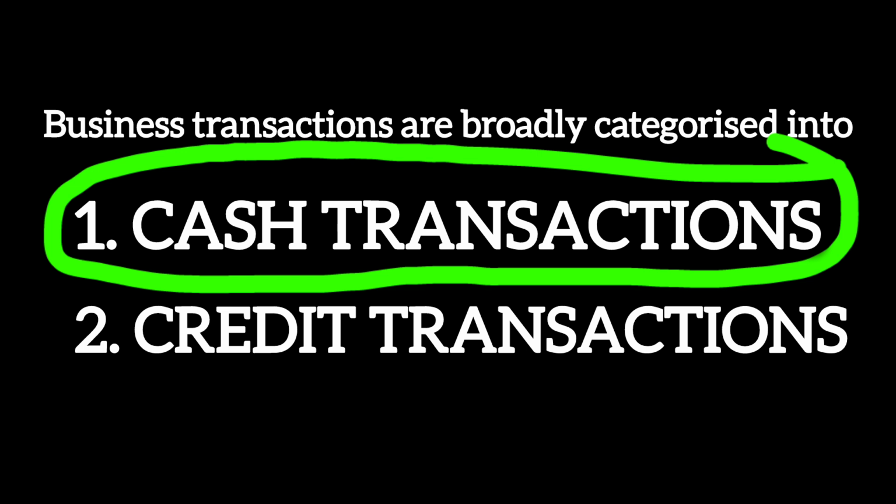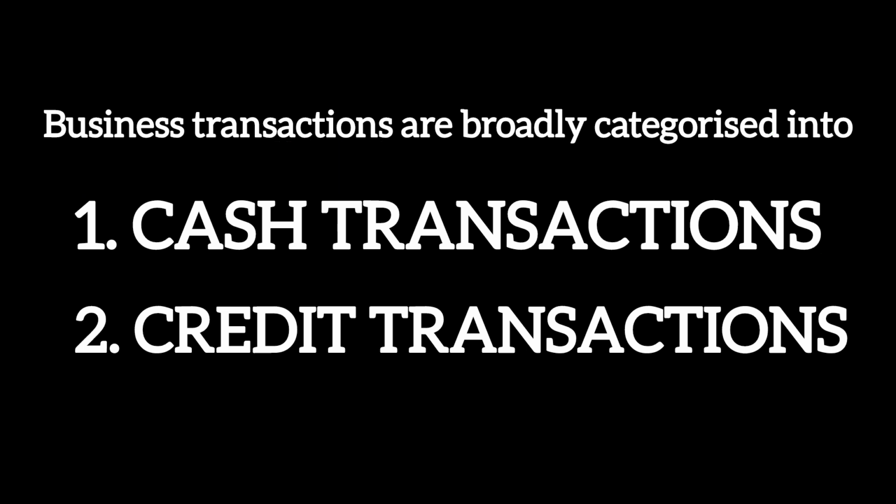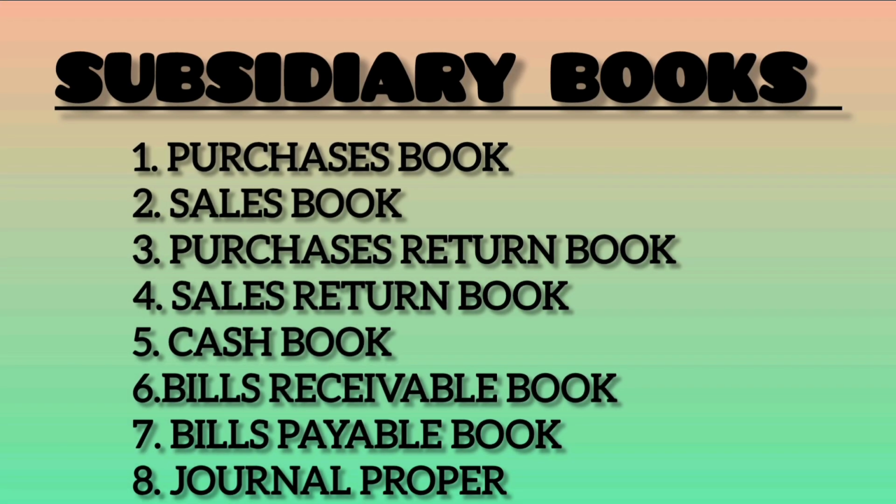And the other items are recorded in different subsidiary books like the purchase book, sales book, purchase return book, and so on and so forth. Therefore, it helps the accountant to find the transactions easily, and hence it helps in saving the time as well as the labor. That is the reason why these transactions are recorded in separate subsidiary books.